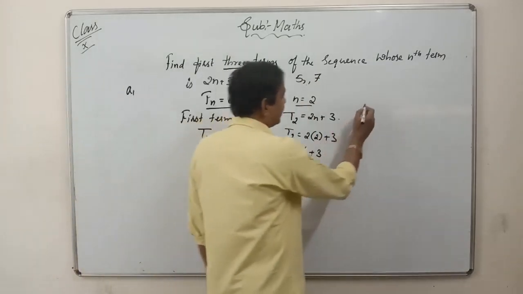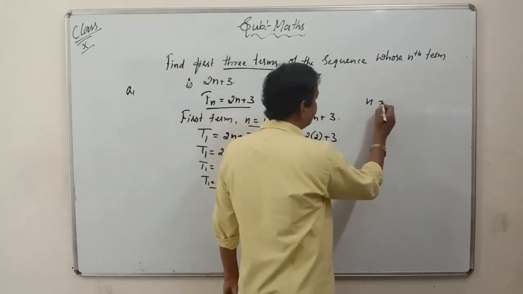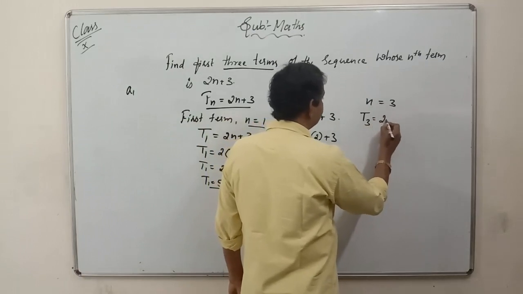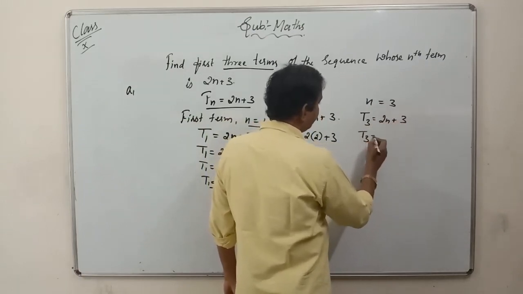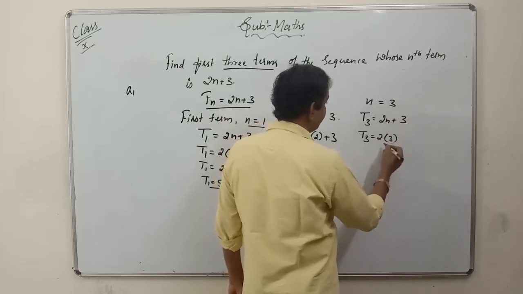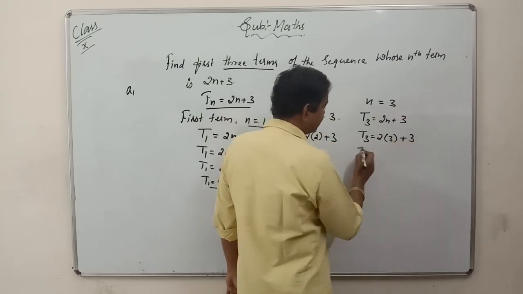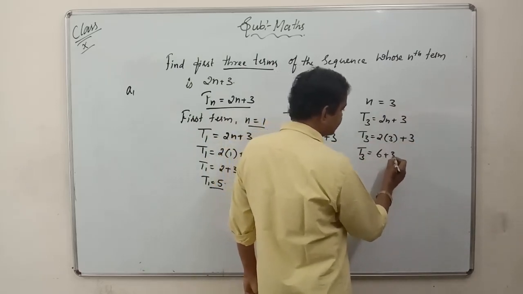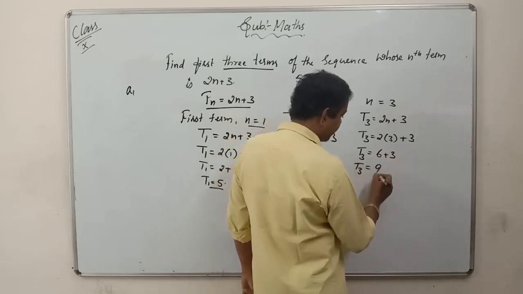Now take the third term, because the question is he is asking for three terms, so n equals 3. So we have T3 equals 2n plus 3. T3 equals 2 of 3, because the value of n is 3 here. 2 into 3 plus 3. So 2 into 3 is 6, you will get 6 plus 3, which is 9.